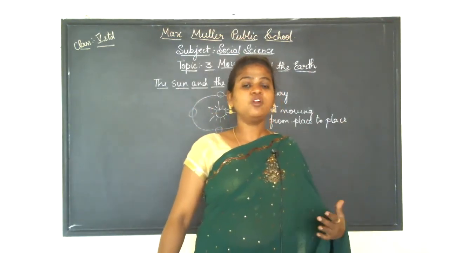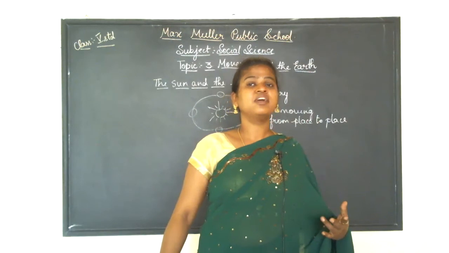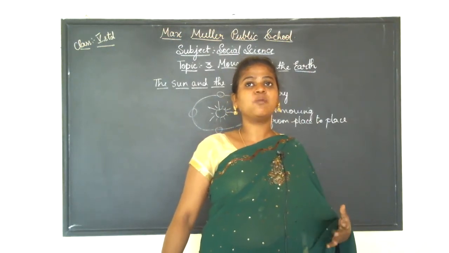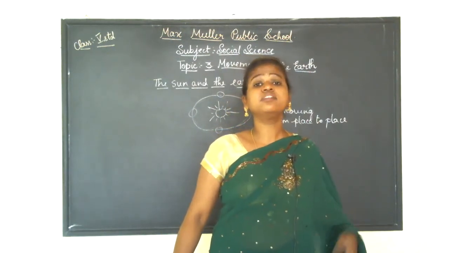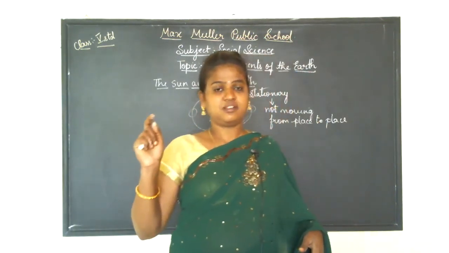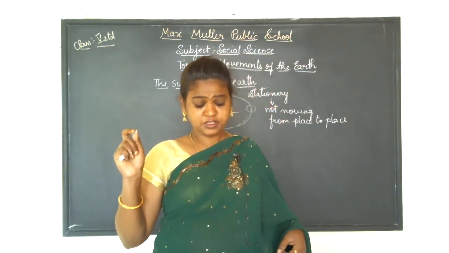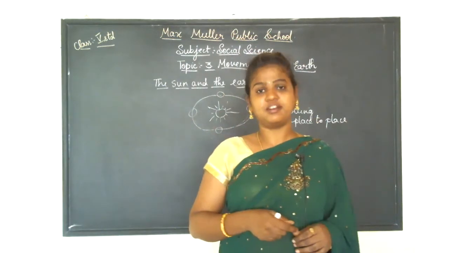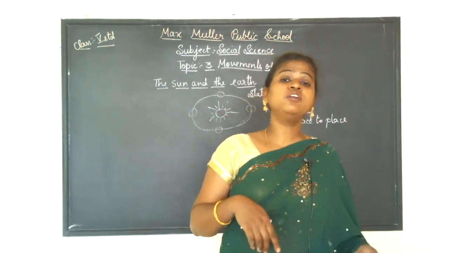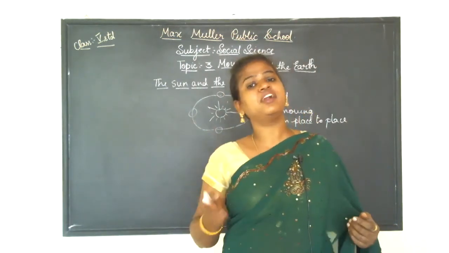So here you all know, in olden days, scientists like Copernicus thought that the sun was moving around the earth, and Galileo told that the earth is moving around the sun.